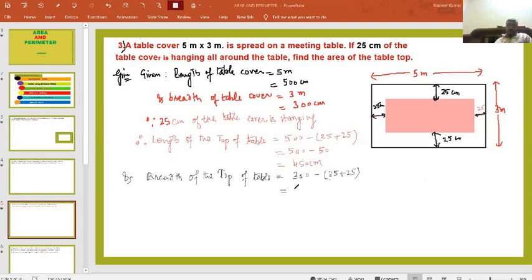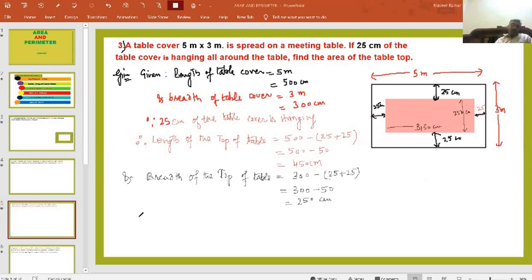That is equal to what? 300 minus 50, that is 250. Now we get the length is 450 centimeters and breadth 250 centimeters.